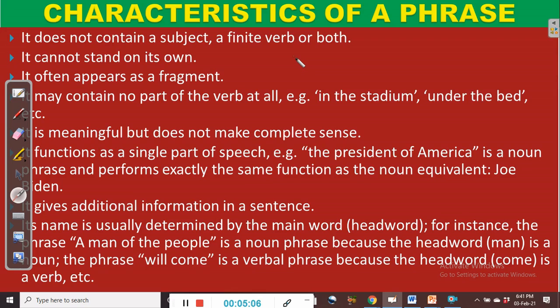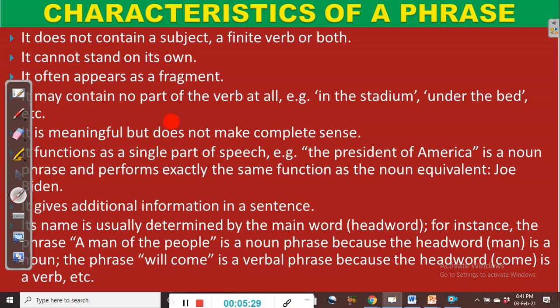So a phrase is a fragment, a unit that expresses a concept within a sentence but cannot convey complete meaning unless it is used together with other elements of the sentence. So it often appears as a fragment.